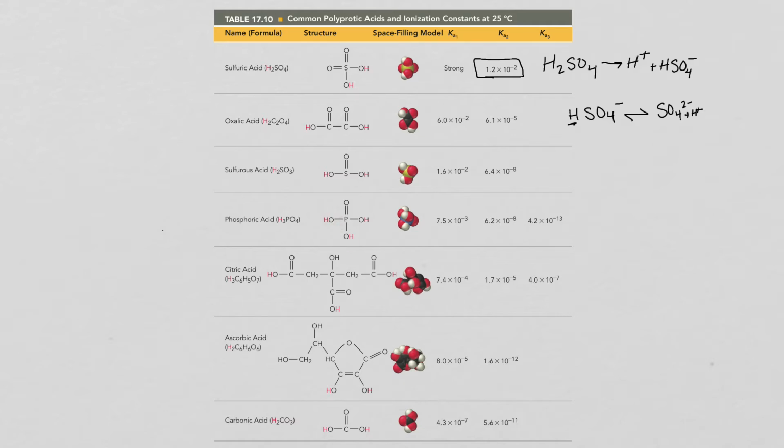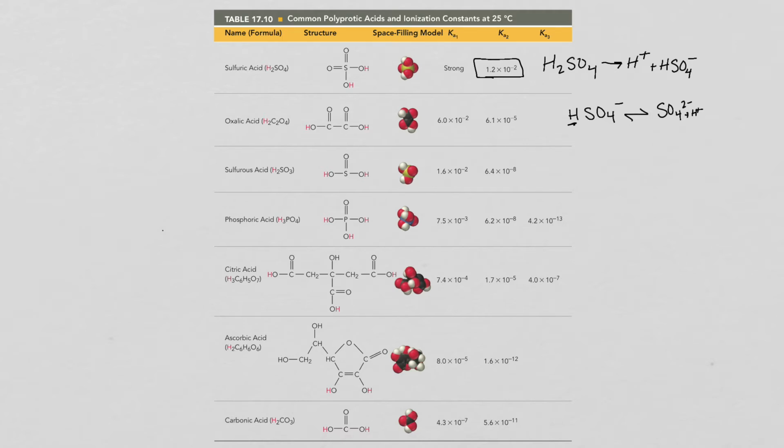Each one of these is equally likely to leave until there's a charge on here. And that's what these numbers indicate. By reporting three distinct or two distinct K values, what we're saying is the equilibrium for this first reaction is different than the equilibrium for the second reaction.